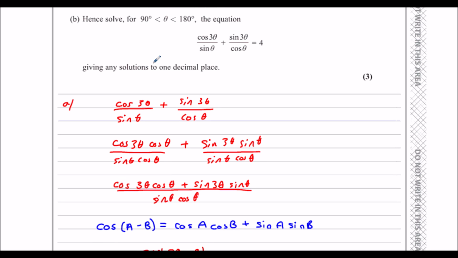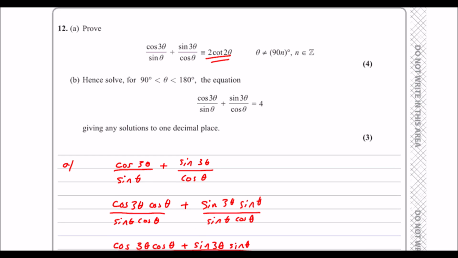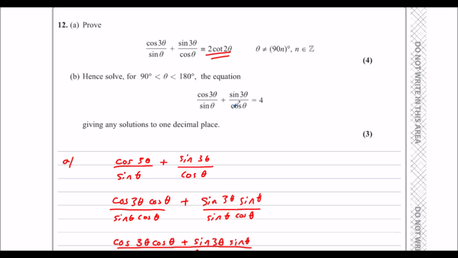Hence, using our answer, solve for 90 to 180 degrees the equation. We know we don't need to write all of this because we're using our previous answer. So we can write 2 cot 2 theta equals 4. So we're solving 2 cot 2 theta equals 4.